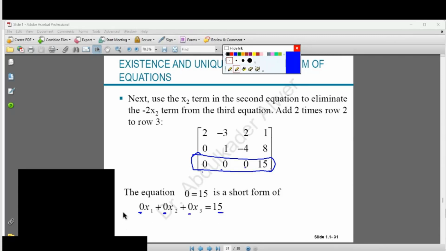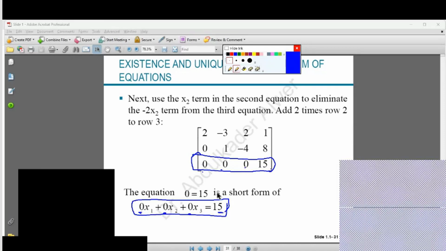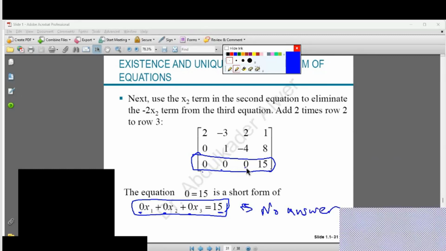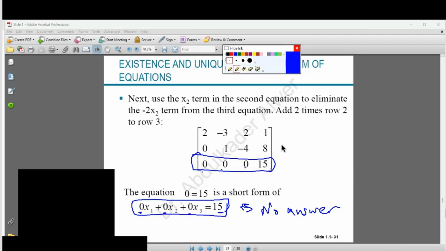Is it correct? 0, 0, 0 equals 15? Is this logically correct? 0 equals 15? No. So here we can say no answer. This is wrong. So here there is no answer.